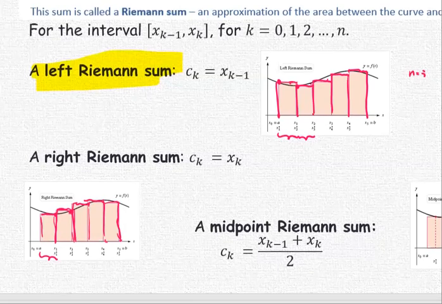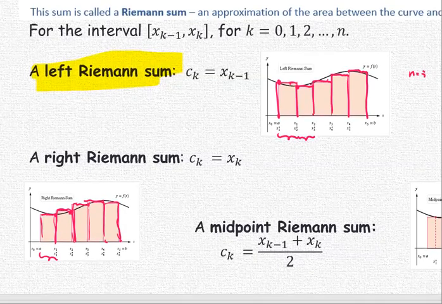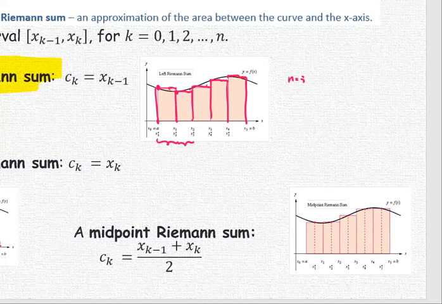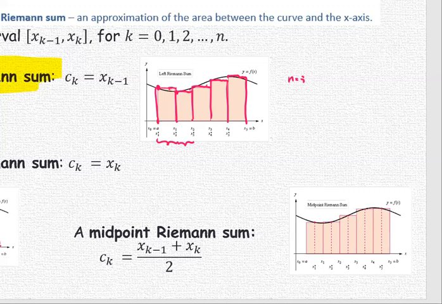Okay, and the last one is the midpoint Riemann sum. From x0 to x1, we are going to calculate the middle value, which is the point between the left and the right end.